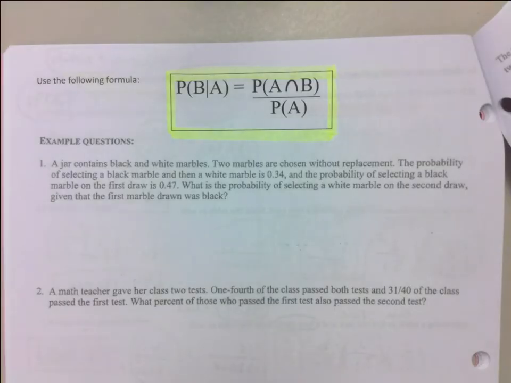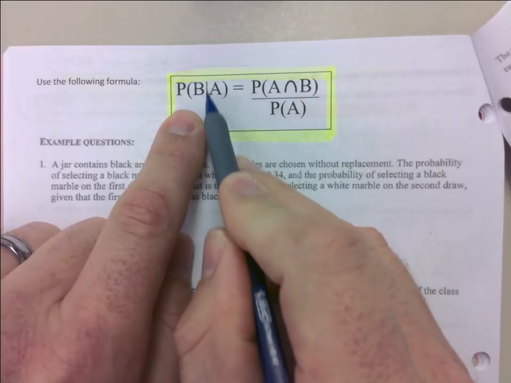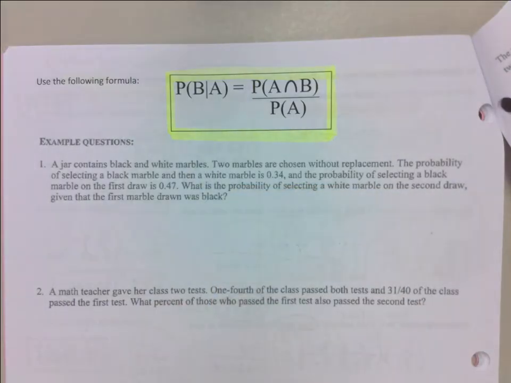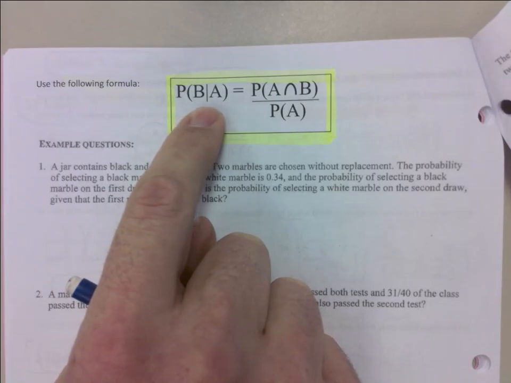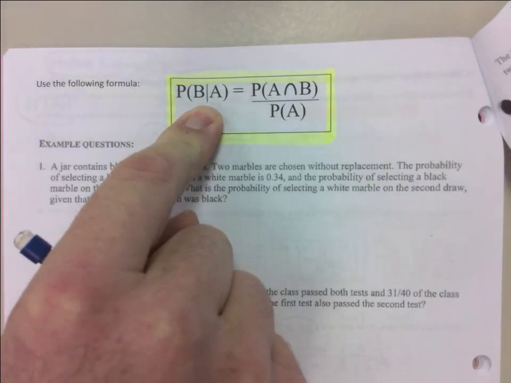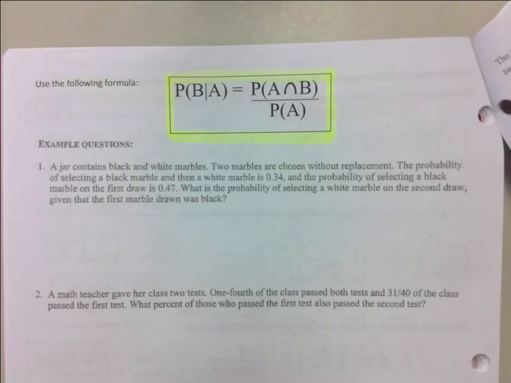When are you going to use this formula? Well, obviously, do you remember what this meant, the little vertical line? Are we talking dependent or independent when this is the notation? Dependent, right? So when you notice that that's the case, when you do these tree diagrams, I mean, come on, the first thing affects the second one.